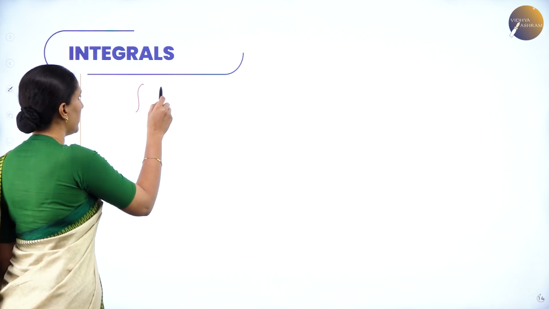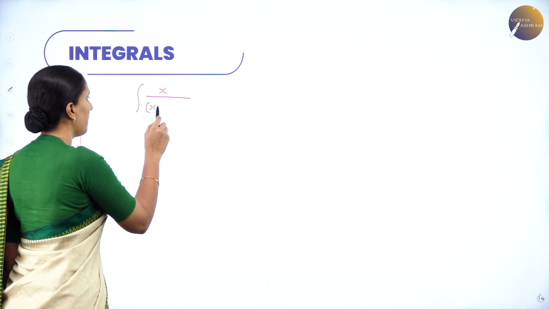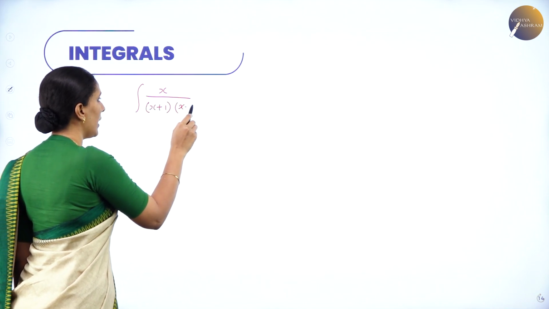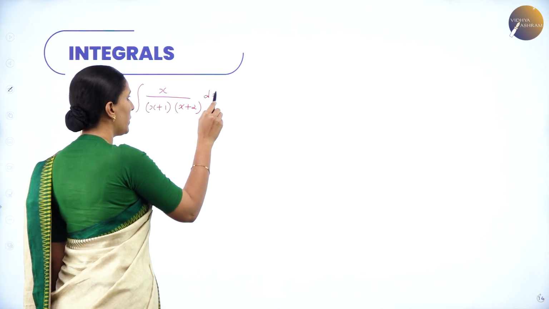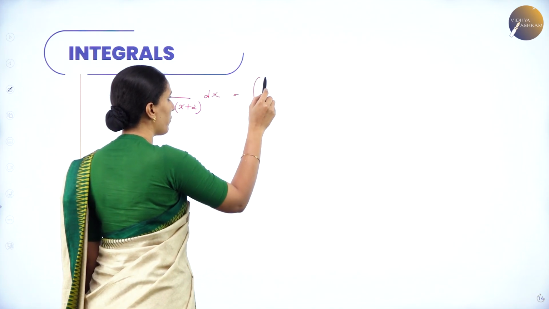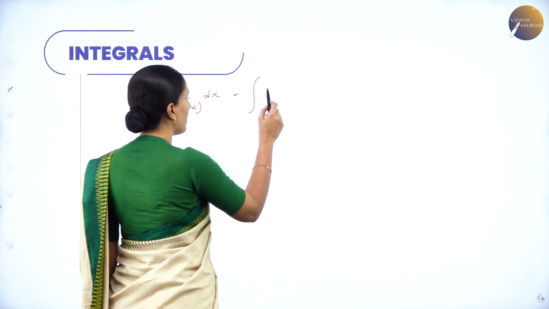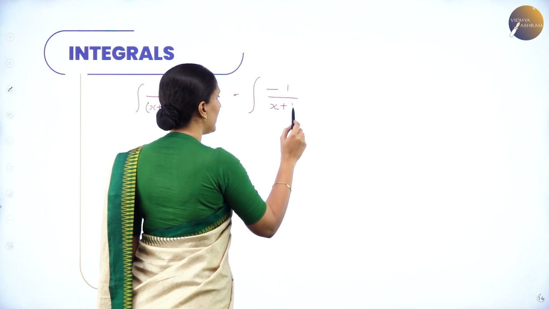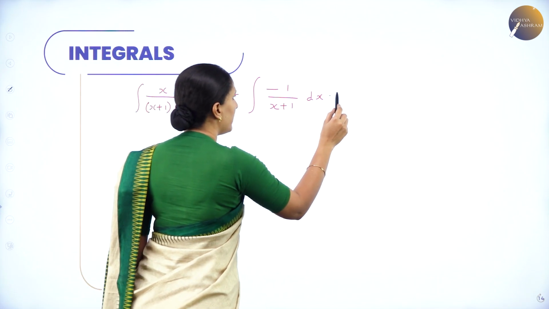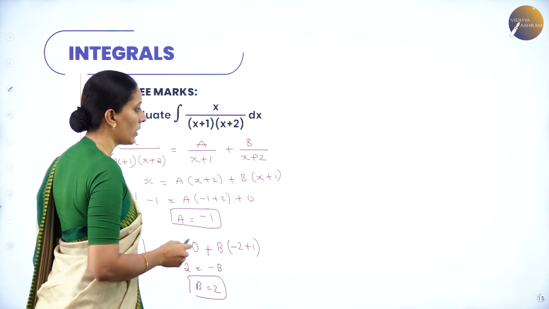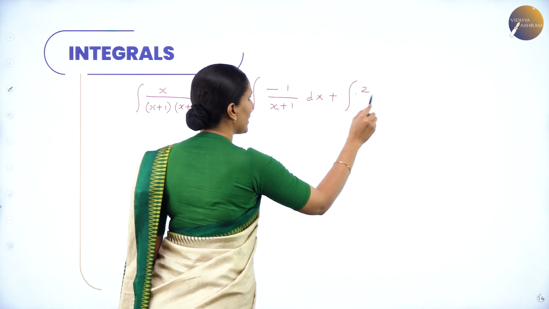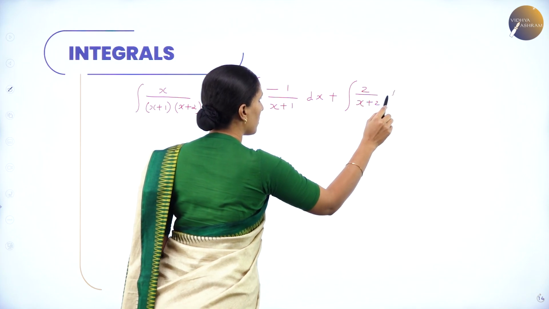So here integration of x divided by x plus 1 x plus 2 with respect to dx can be written as integration of a by x plus 1, so a by x plus 1 is minus 1 by x plus 1 dx, and b divided by x plus 2 becomes 2 divided by x plus 2 dx.